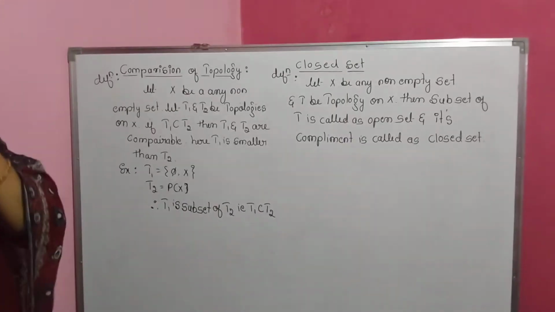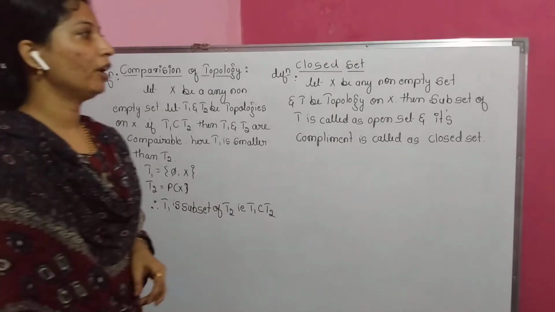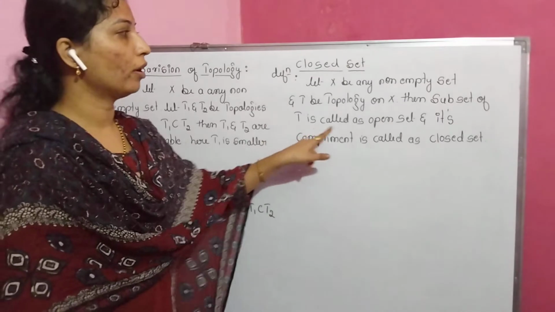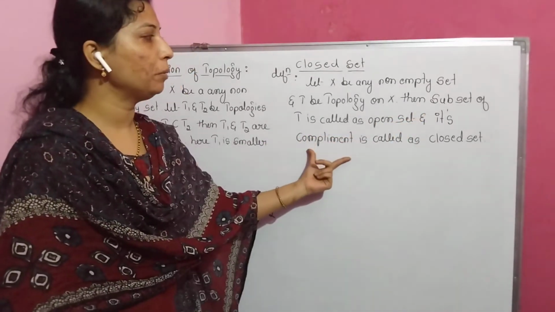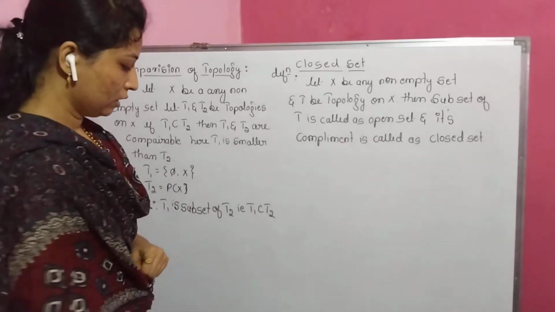Let X be any non-empty set and T be a topology on X, then a subset of T is called an open set and its complement is called the closed set.